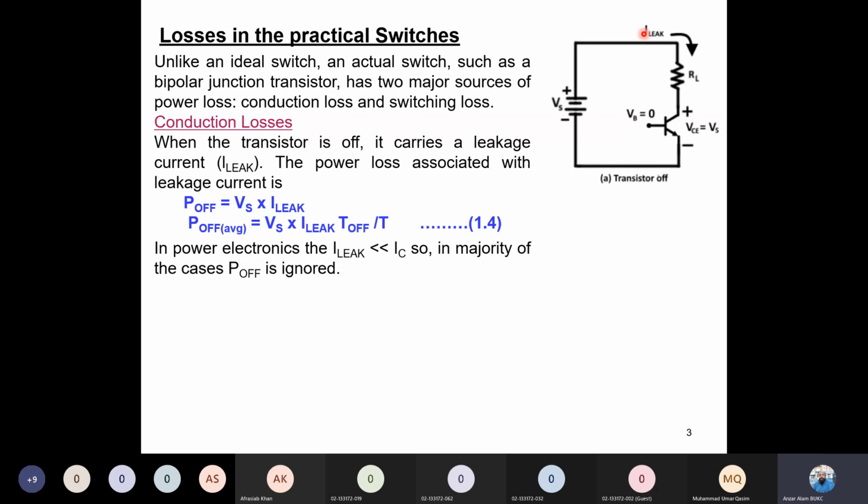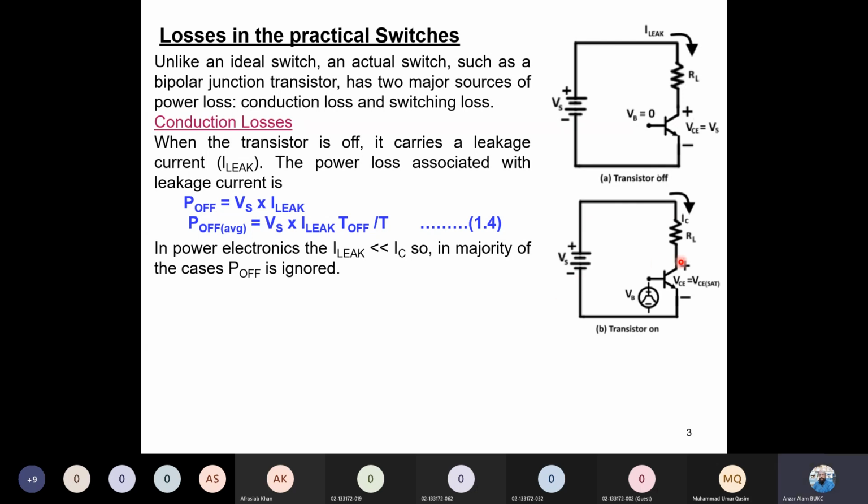It's not, because it's a power circuit, so it has to carry high voltage and high current. So such a small amount of leakage current is ignorable. In power electronics, the I leakage is very small compared to the collector current here. So in the majority of cases, the off-state power loss is ignored.